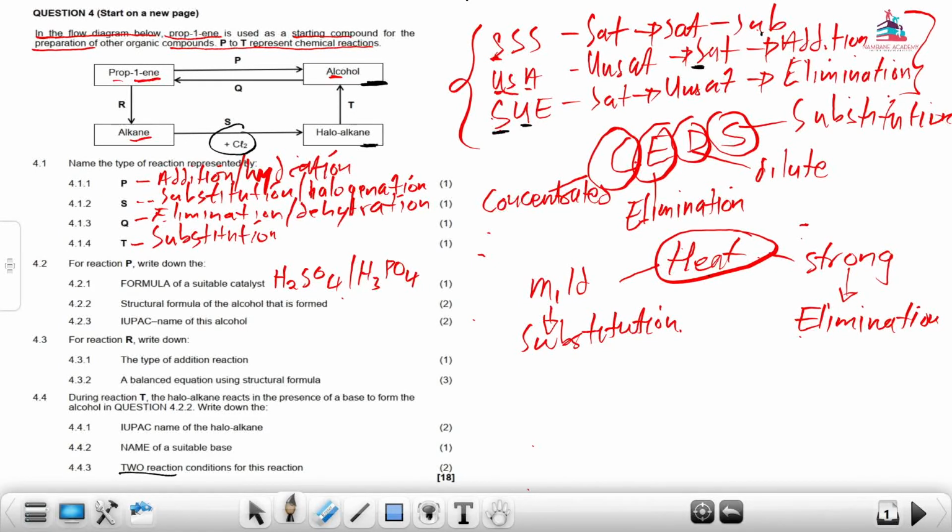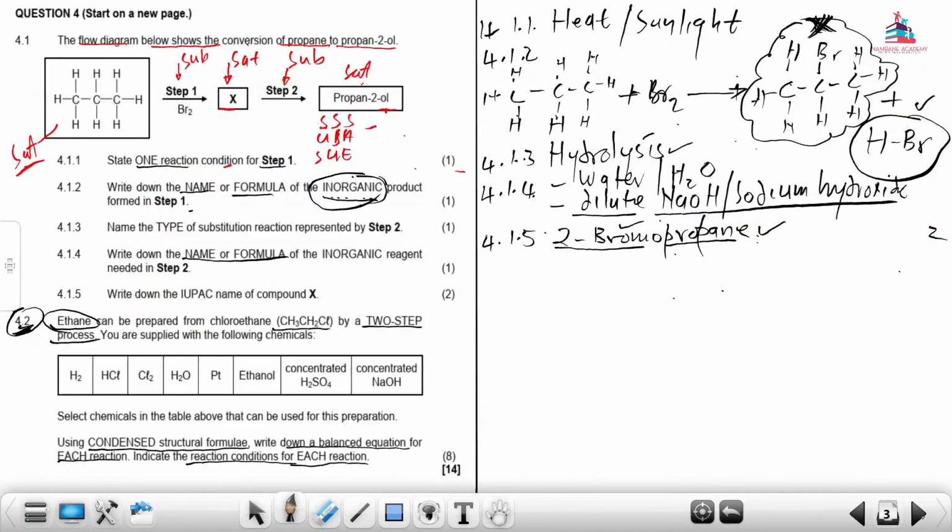So the first one will not work, you see, because now if I'm starting from saturated and going to saturated, I'm still going to be stuck with a saturated molecule. So I need to have a double bond that is unsaturated, and then I can add hydrogen to it. Then I will be able to form my ethane that is being prepared.